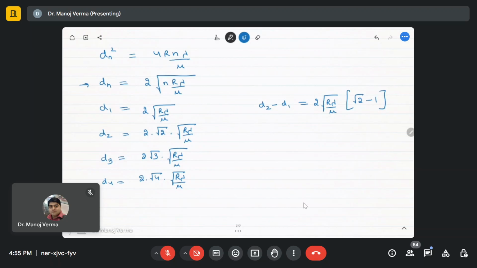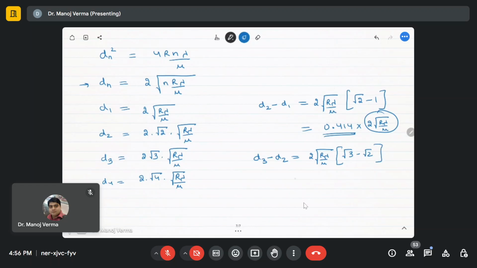Root 2 is 1.414, so minus 1 gives 0.414, into the parameter 2 root r lambda by mu. If I want to find the difference between the third and second ring, it will be 2 root r lambda by mu, the same parameter, into root 3 minus root 2.